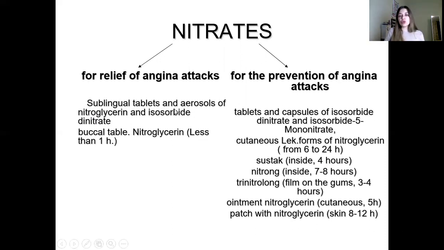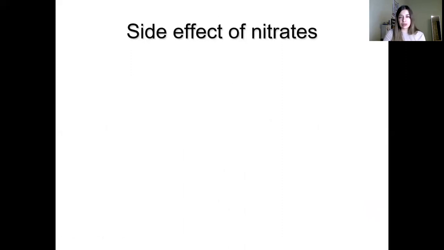In this case, we should not use the nitroglycerin because we need the prolonged action of drugs, and we use the prolonged action like isosorbide dinitrate, isosorbide mononitrate, the transdermal forms of nitroglycerin, Trinitrolong, ointments, and so on. The patch with nitroglycerin, again, transdermal effect. It affects for the long time, and nitroglycerin itself affects only for the short time.